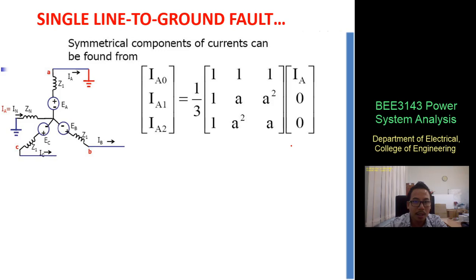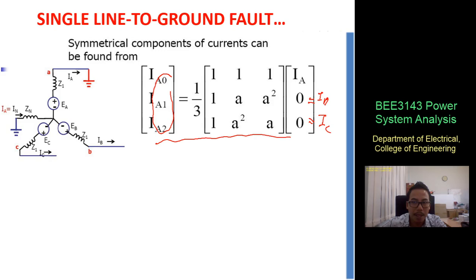The symmetrical components of currents can be found from IA, IB, and IC. You still remember that symmetrical components are very important here. For this case, because IB and IC equal 0, that part is equal to 0.